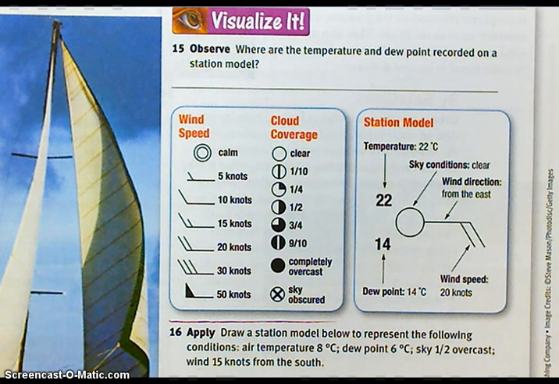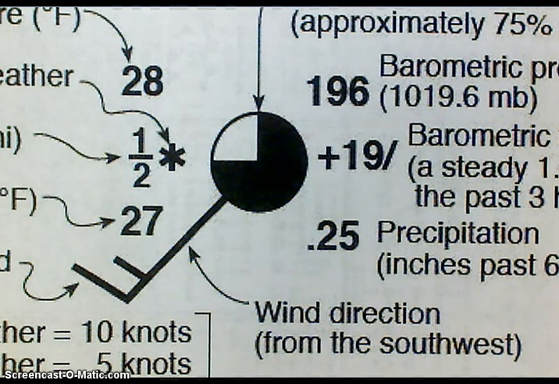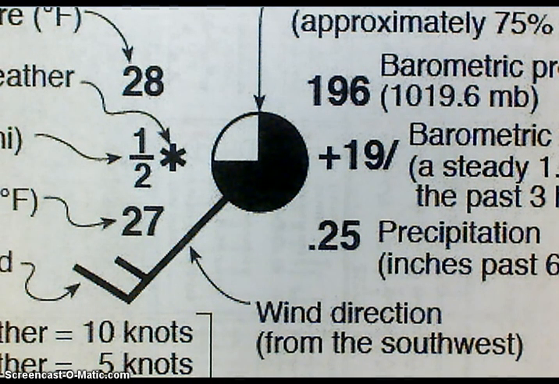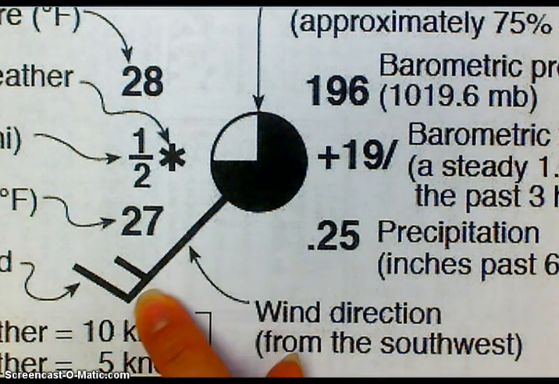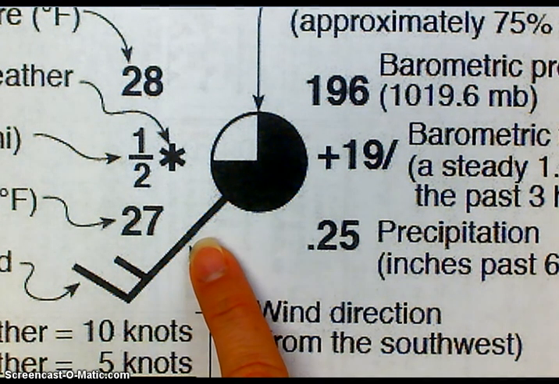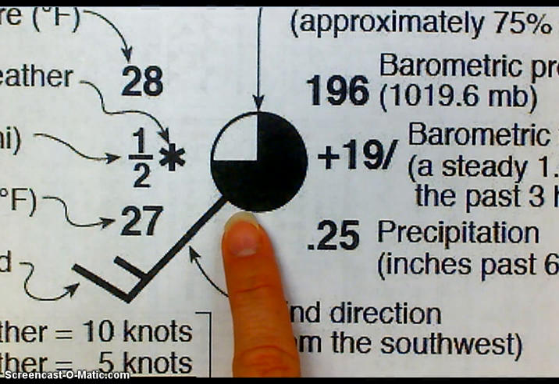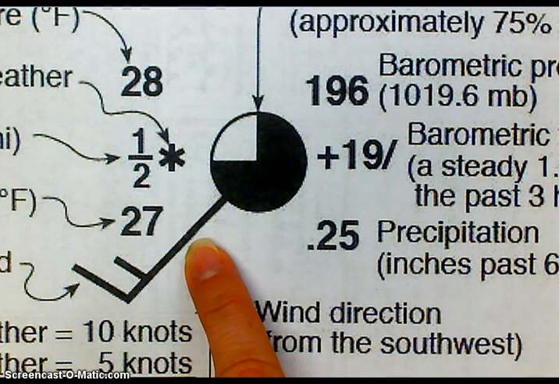Okay, the next thing that we need to do is look at the station model and talk about wind speed and wind direction. Wind direction is going to be indicated by a bar, a stick, whatever you want to call it, and it is going to be oriented so that it points into the wind.